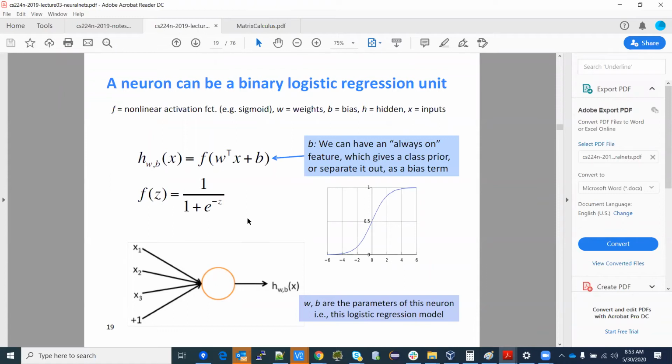The sigmoid or tanh, which goes between -1 and +1, are the two traditionally used. Yeah, and that's because you need a differentiable function in order to do back propagation. That's an excellent point. They replaced the step function with a softer step function. You can think of the sigmoid or the tanh as a softer version of the step function, but it's differentiable, and therefore you can implement back propagation.